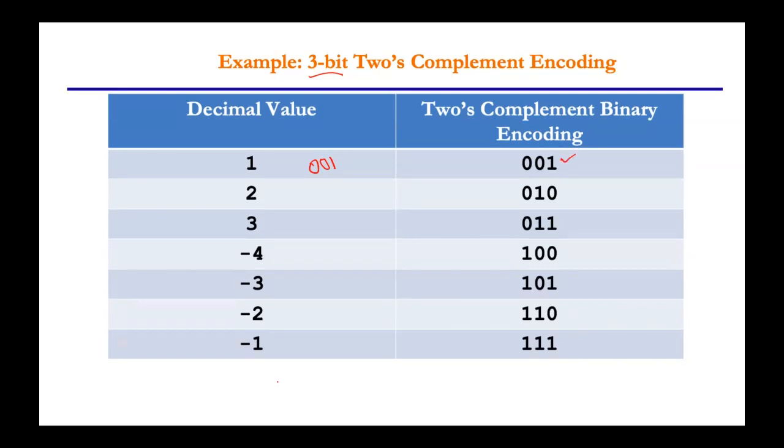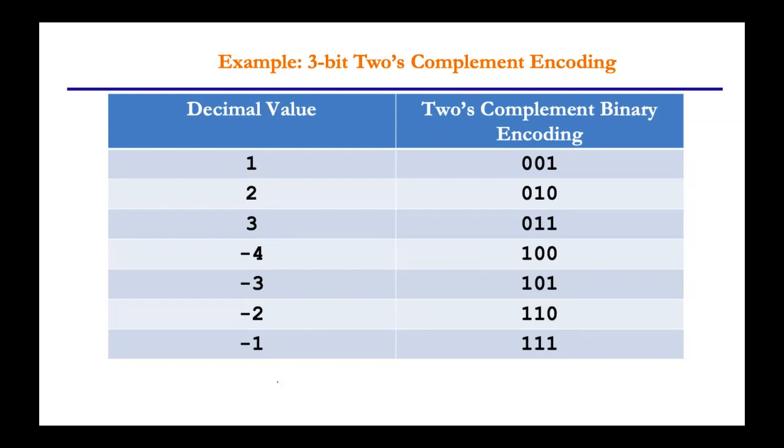Similarly for 2, the binary representation is 1 0, and for 3-bit encoding it is 0 1 0. For 3, the binary representation is 1 1, and with 3 bits we use 0 1 1.